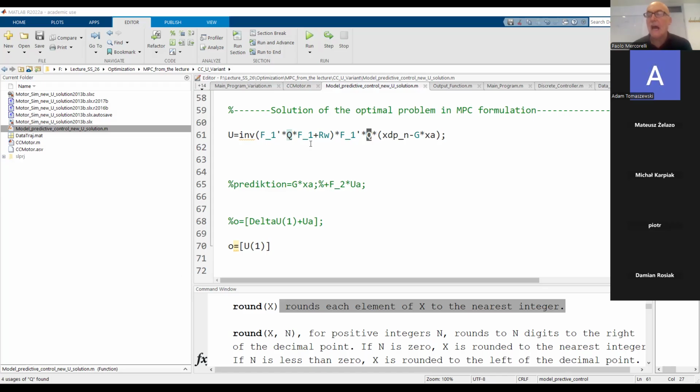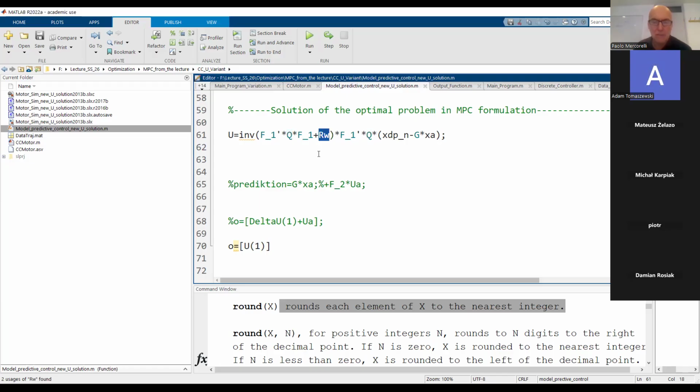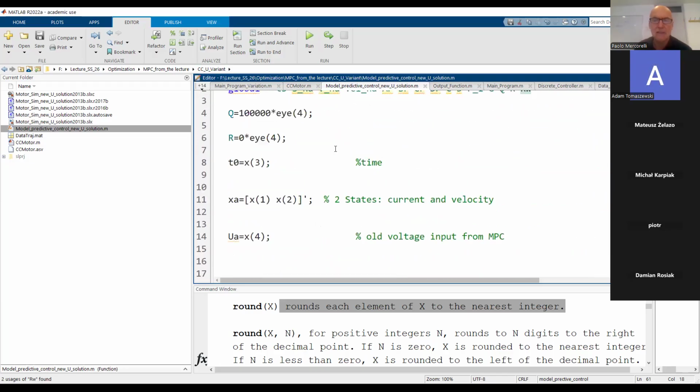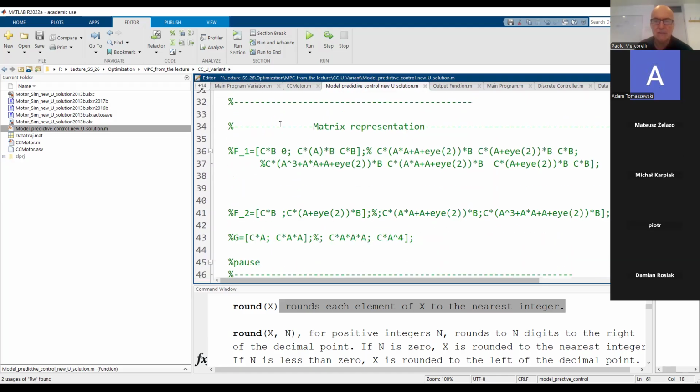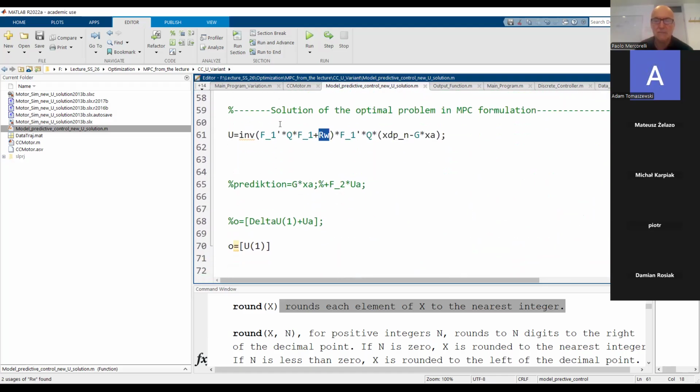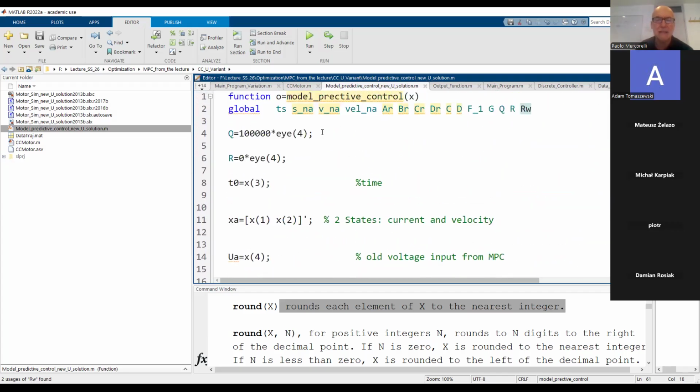Excuse me again. What we can do here to maximize the input in order to minimize the effect of the disturbance is to reduce RW, which we did. Let me see. Oh no, this is an error in this sense. No, I have to just replace RW here.